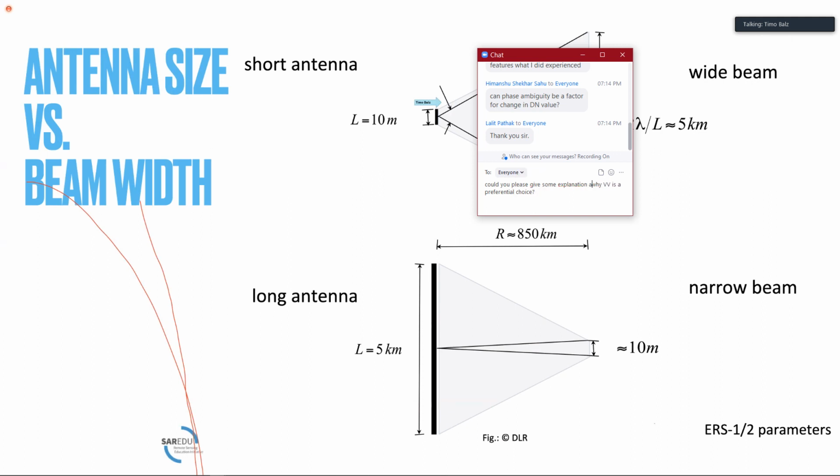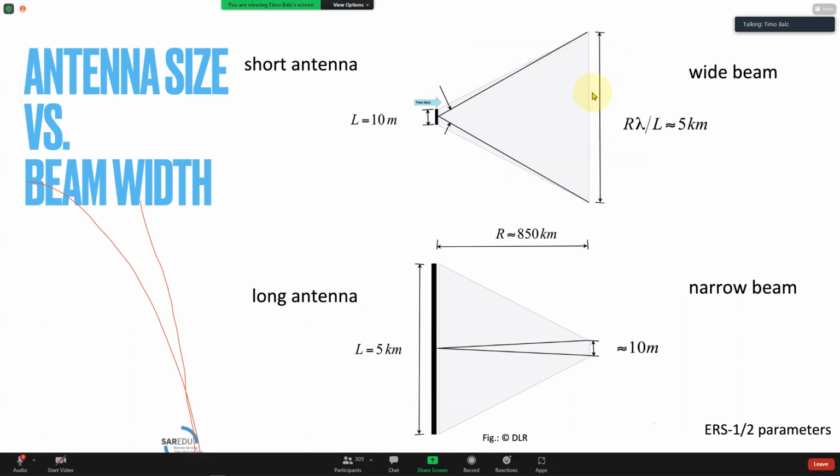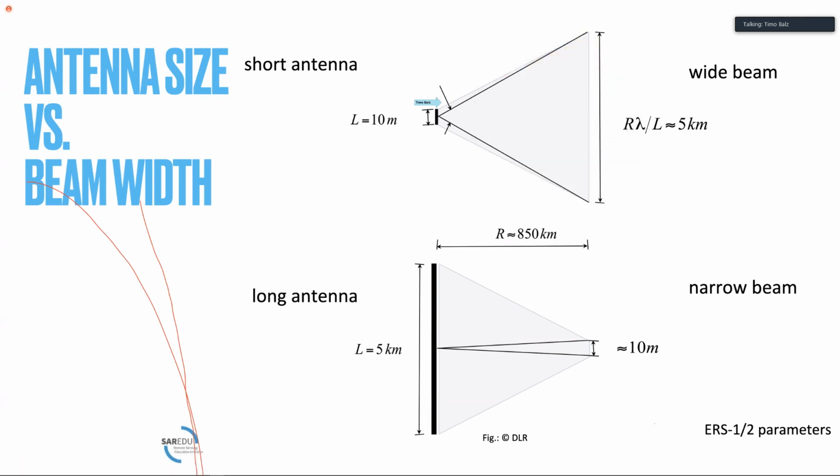You have to understand that you have a very large beam. So that means you don't have a small laser with a very small beam. You have a really huge signal going out in a very wide beam.